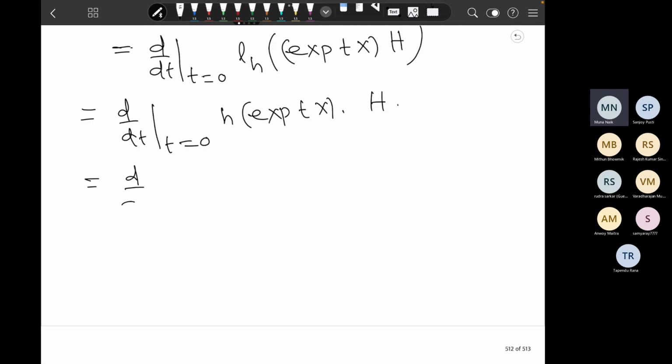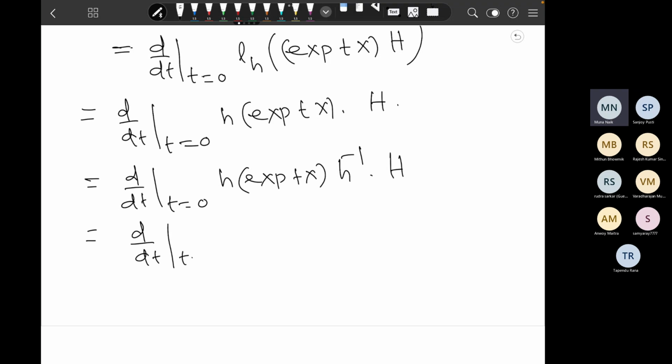Now I can write this as h exponential of tX h inverse, because h inverse belongs to H. What is h exponential of tX h inverse? This is really exponential of t R_h X, exponential of t Ad_h X.